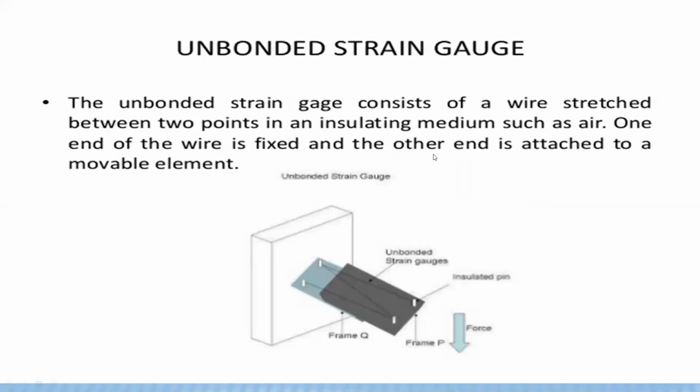Next one, unbonded strain gauge. It is unbonded strain gauge. The unbonded strain gauge consists of a wire stretched between 2 points. Wire is stretched between 2 points in an insulating medium such as air. One end of the wire is fixed and the other end is attached to a mobile element.